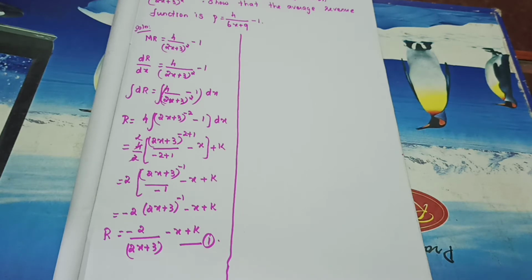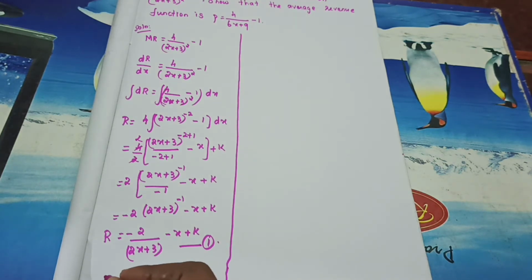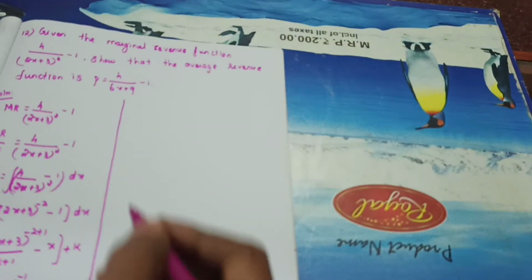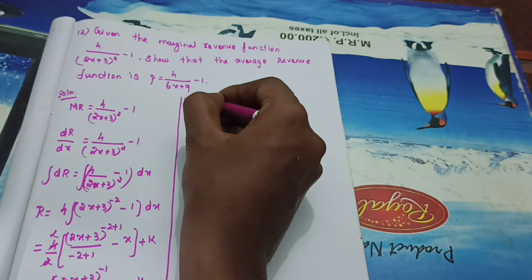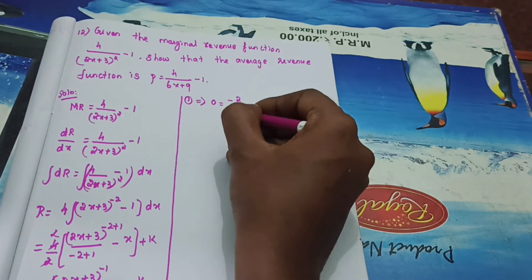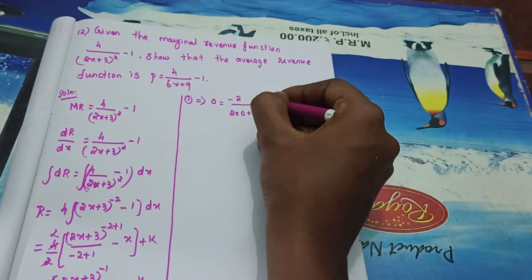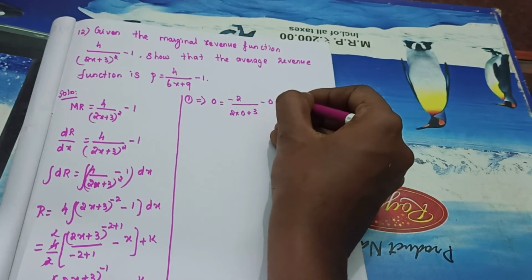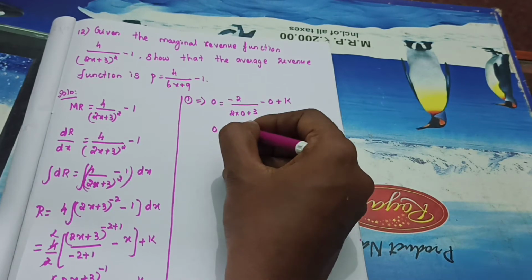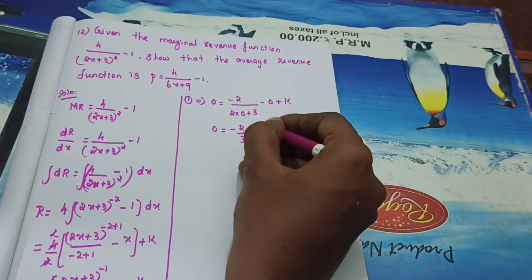So now we need to find the k value. How will you find the k value? X is equal to 0, R also 0. Substitute. 1 implies 0 equal to minus 2 by 2 into 0 plus 3, minus 0 plus k. So 0 equal to minus 2 by 3 plus k.